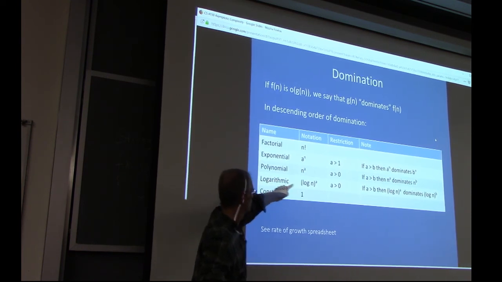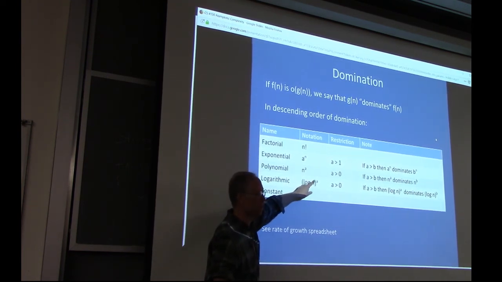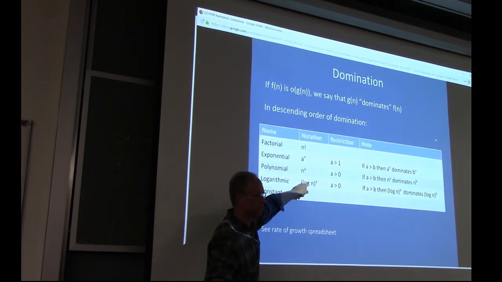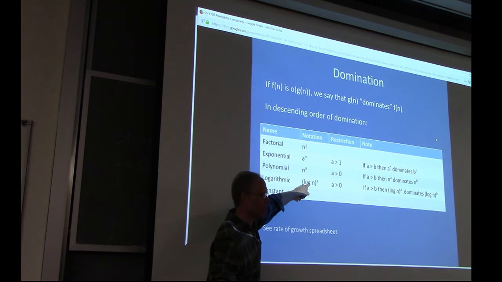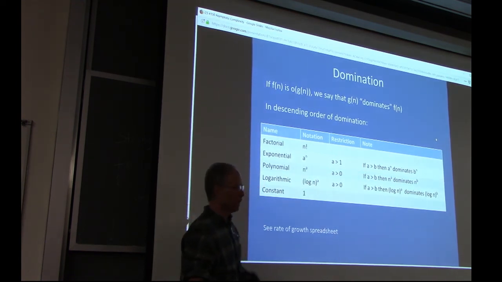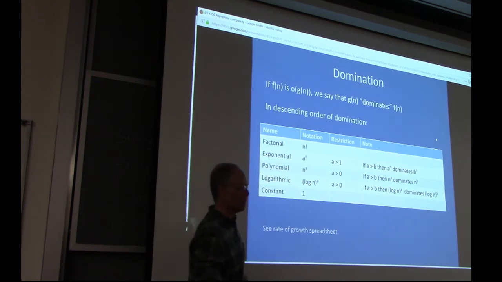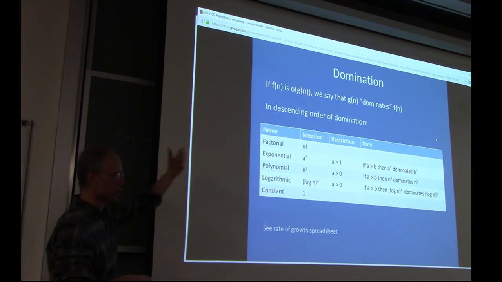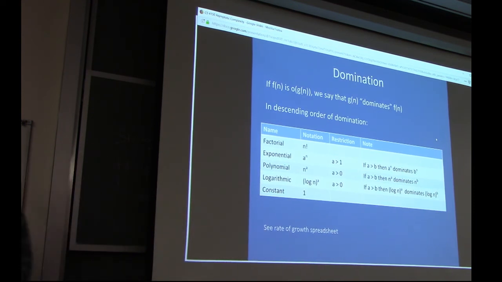No. It's n log n. This is log n to some power. There's not an n term in this. This is a pure logarithm. This is a logarithm raised to some power. That's n raised to some power. N log n is sort of a mixture of these two things. So when you have a product of things that are in different rows in this table, that's when you need to use this idea to simplify.